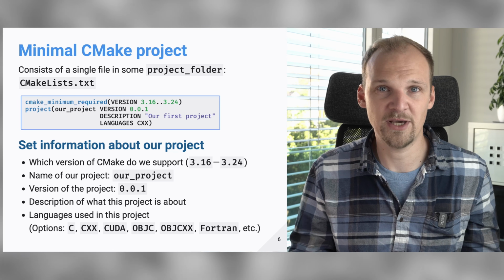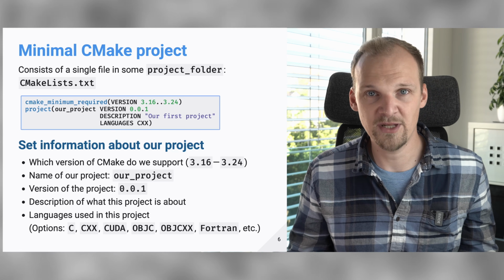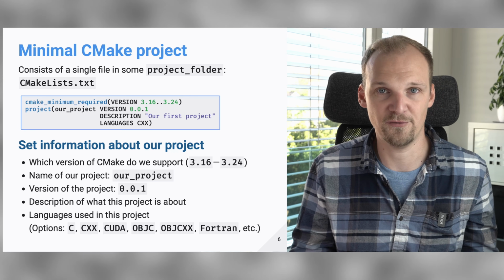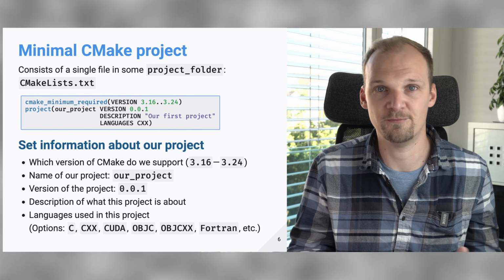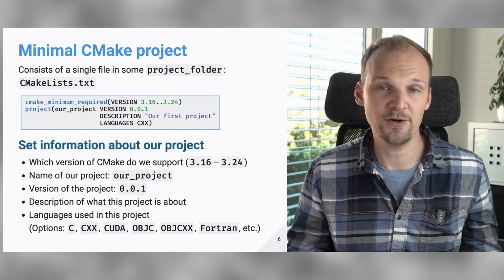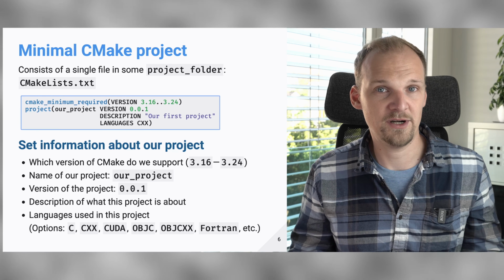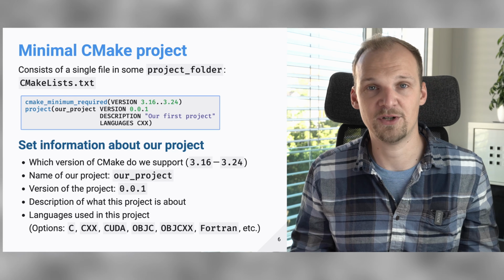The first one is cmake_minimum_required, and the second one is project. So cmake_minimum_required just basically defines the version of CMake that you account for. And you can provide either one version, which is the minimum version that you tested your code with, or you can provide two versions with the two dots in between, where you say, well, the minimum version of CMake is this, but the maximum version is that.